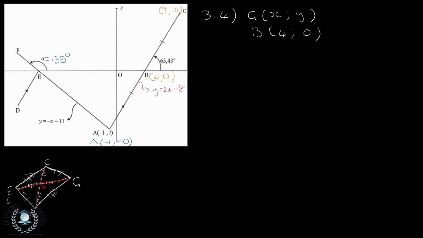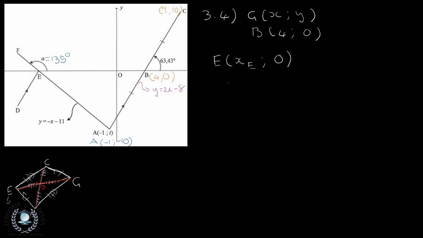Alright, so let us get into it. How do we find E? E lies on the x-axis, meaning that we do not have the x coordinate, but we know that the y coordinate is always going to be 0. Now, the point E lies on the line AF. We're told this in the beginning of the question. And what's the equation of line AF? Well, we're given y is equal to minus x minus 11, and we will just have to substitute that.